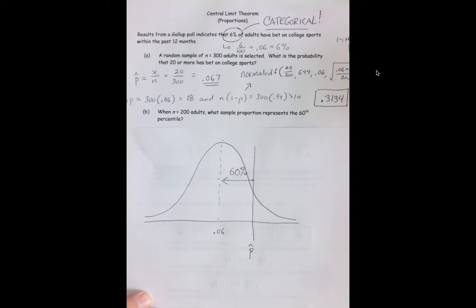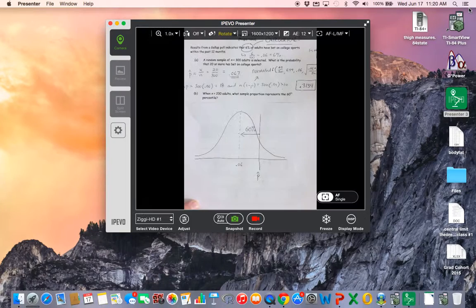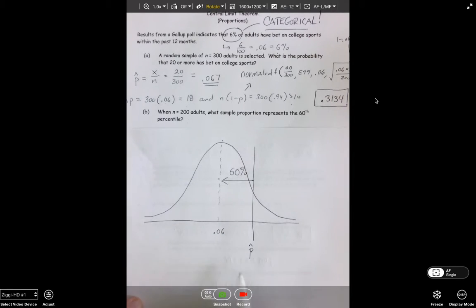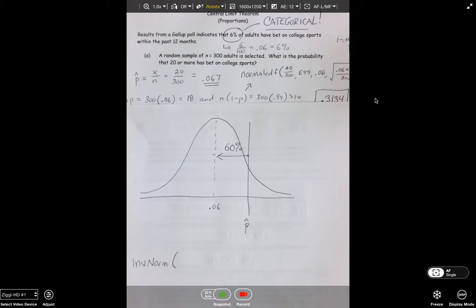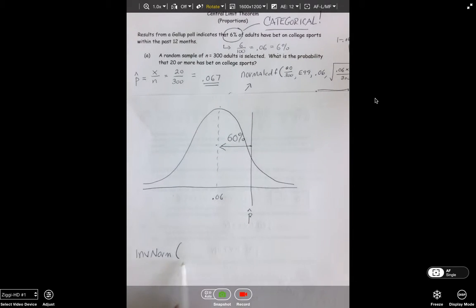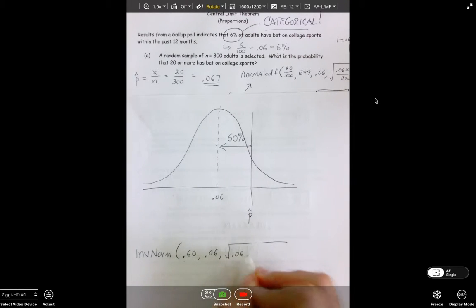All right, whatever. So, guys, inverse norm requires three things, doesn't it? Inverse norm requires us to put percent below as a decimal, the mean of the distribution, and the standard deviation of the distribution.